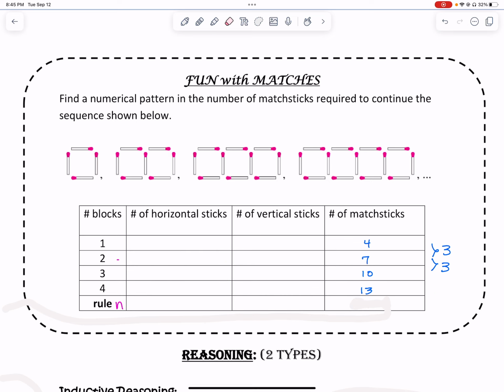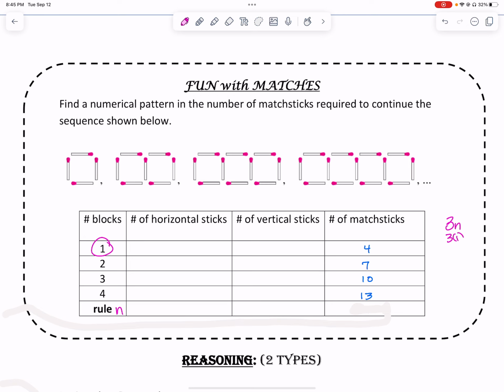So here's an example. If it's 1, it would be 3 times 1. 3 times 1 gives me 3. Is that what I got here? No. I need another one, don't I? So it looks like I need to add 1 to it, right?